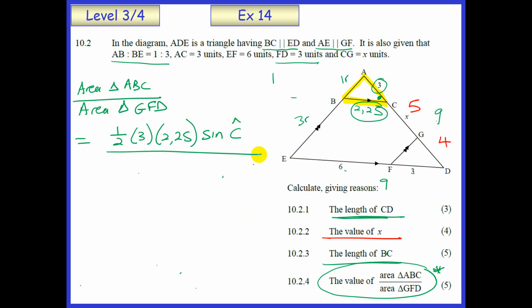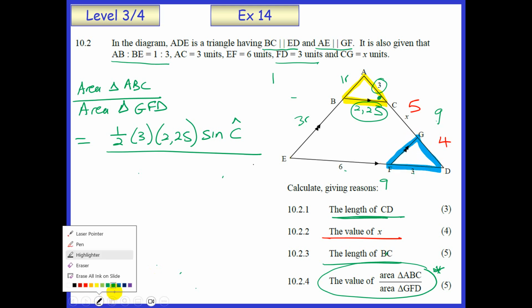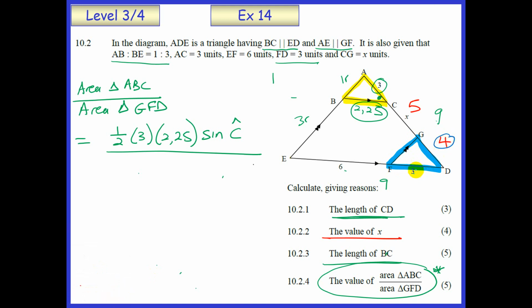Now we're going to look at the bottom triangle, which is GFD, and I want to highlight that. So we're looking at GFD. And in that triangle, you'll notice that we have 4 and we have 3.